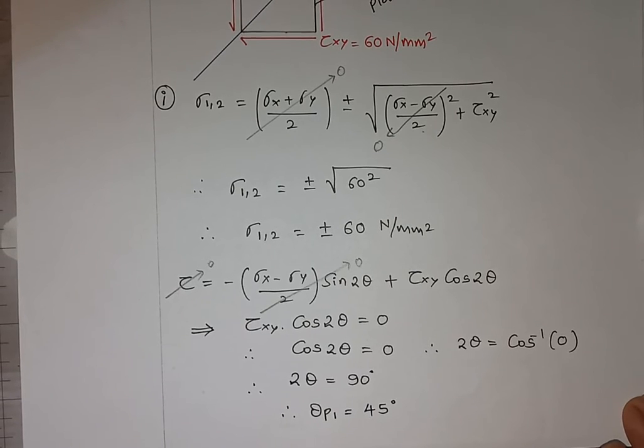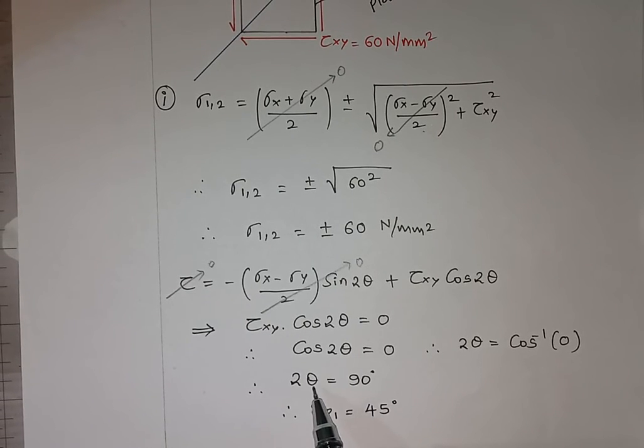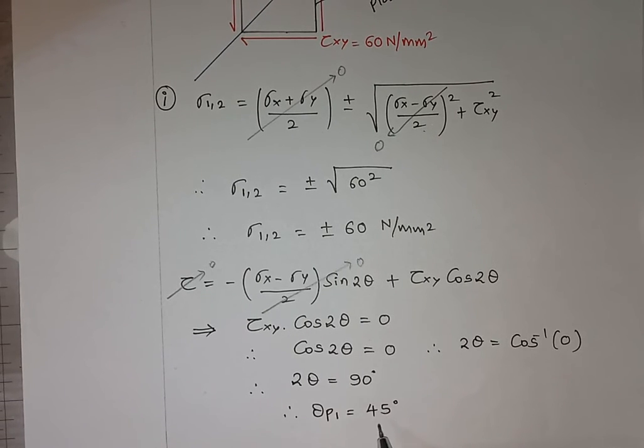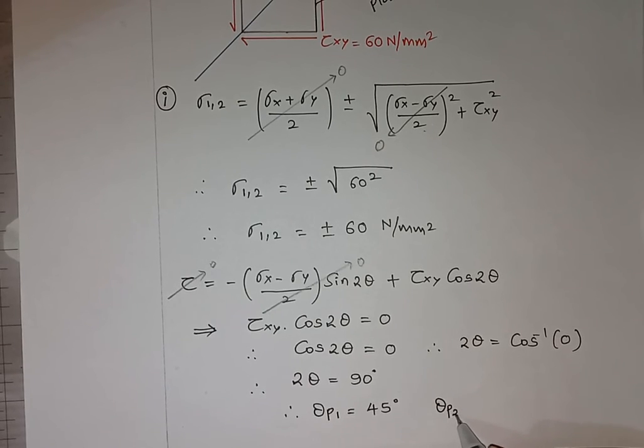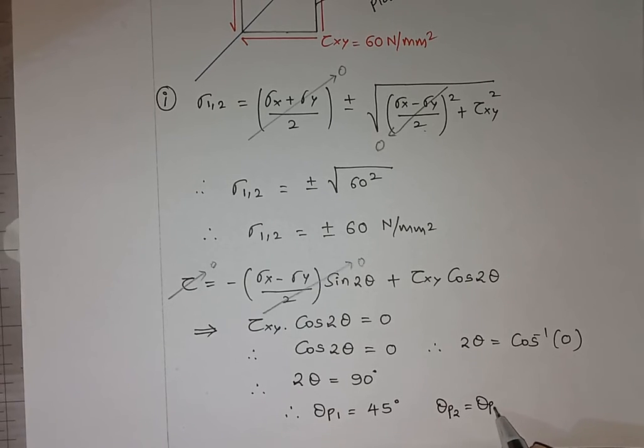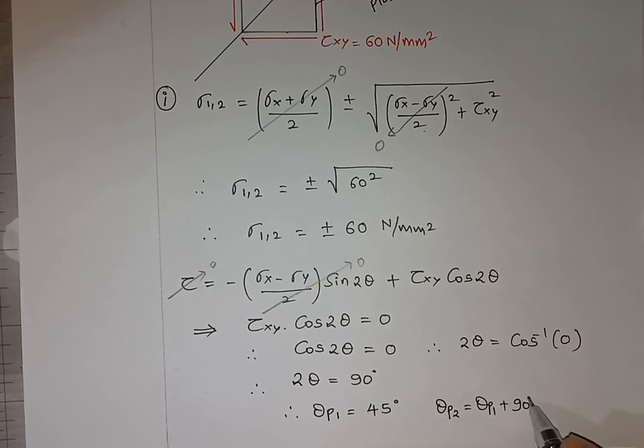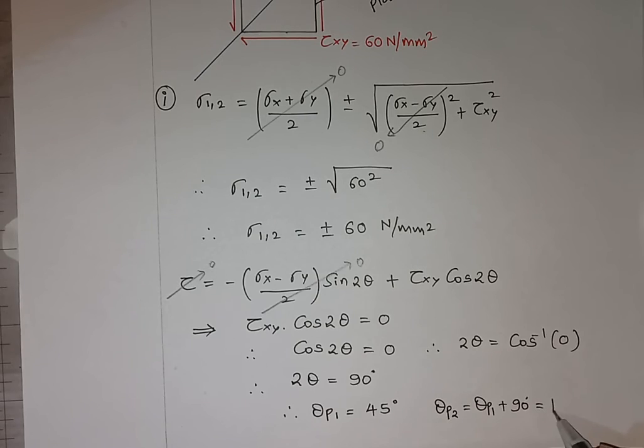I told you the reason. What is the reason? Theta is equal to 90 divided by 2, so that is 45 degrees. So I'll take it as theta P1, and theta P2 will be equal to theta P1 plus 90, that will be equal to 135 degrees. Right?